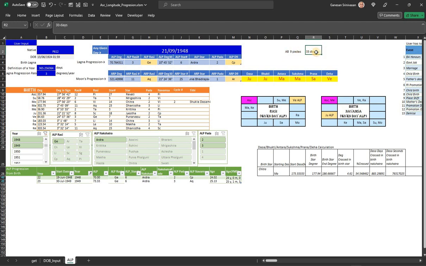I am not sure about it. I have not read much about how they use the AB, the Bhava progression. So they have used the Lagna progression, the moon's progression, and the Bhava progression. In case you want to incorporate it, you can basically put the rate of progression and assume that ALP is AB, and then check or maybe introduce changes to the Excel itself.